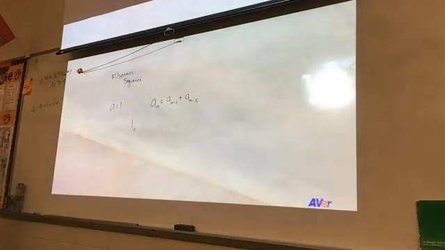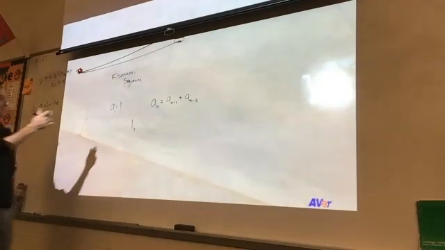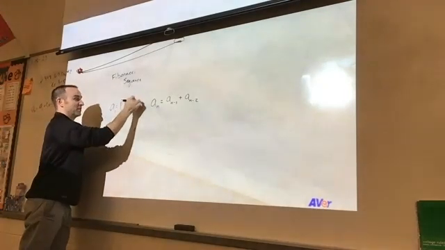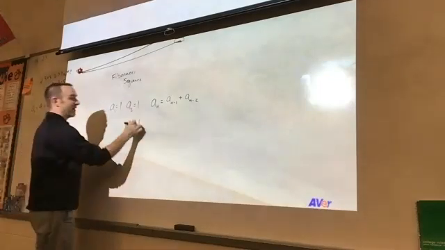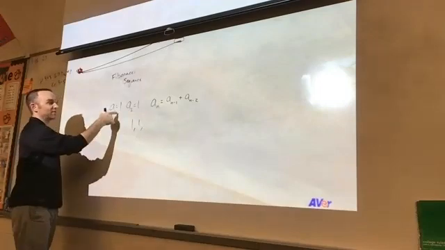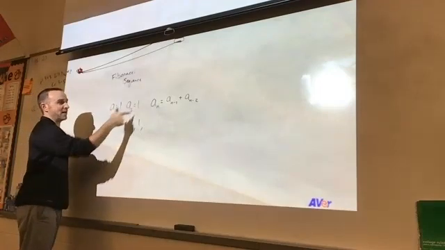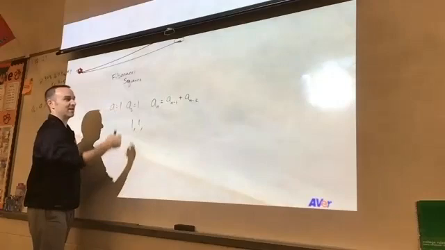Sam? Yeah, I have to know the first two numbers in my recursive rule. Because now that I know the first two numbers, now I can follow the pattern. If I'm starting with 1 and 1, now I can go from there.